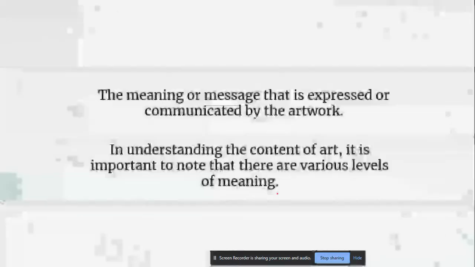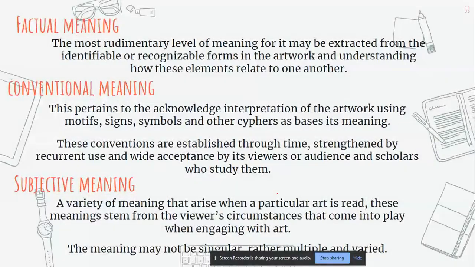Okay, now let's have this. We have the factual meaning, the most rudimentary level of meaning, which may be extracted from the identifiable or recognizable forms in the artwork, and from understanding how these elements relate to one another. And we have the conventional meaning.